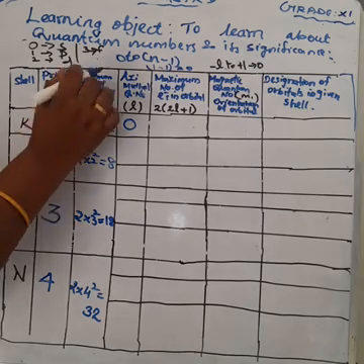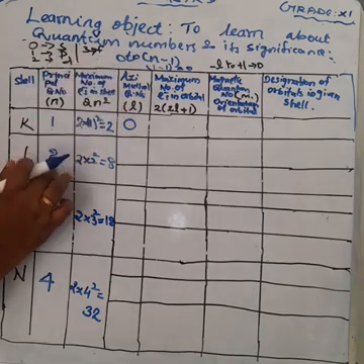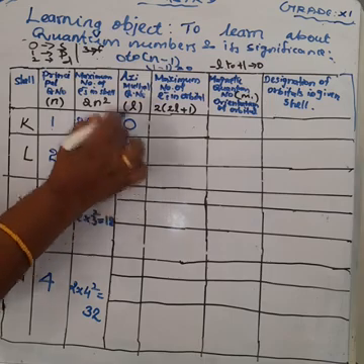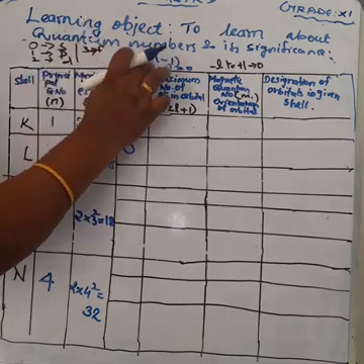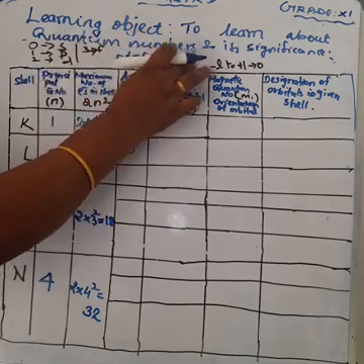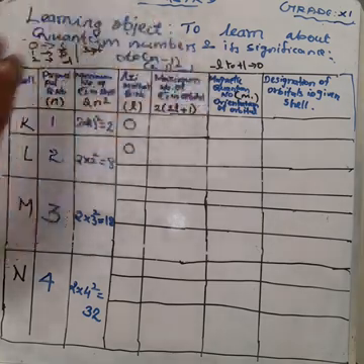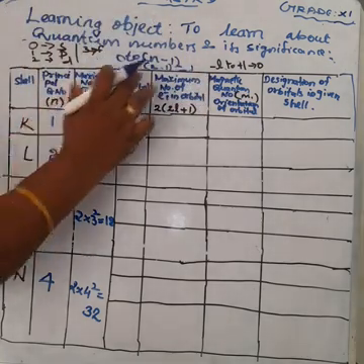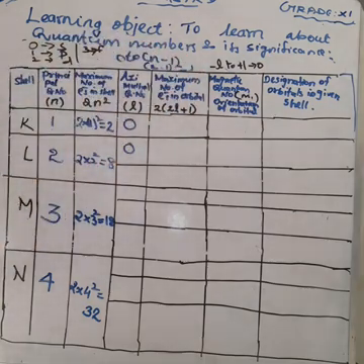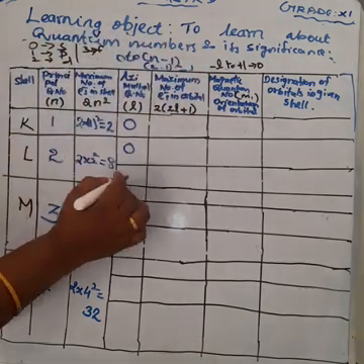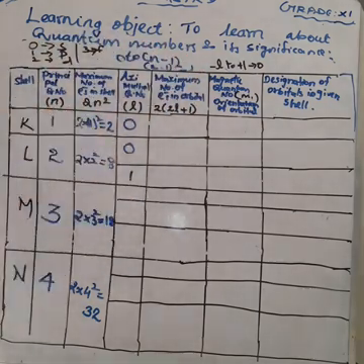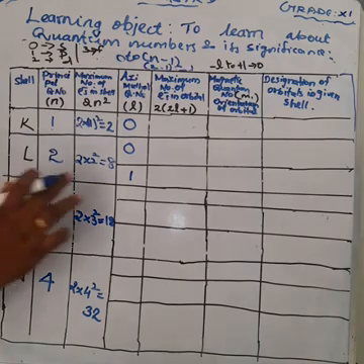N is equal to 2, so we write 0 to n minus 1. Here n is 2, so 2 minus 1 is equal to 1. So we start from 0 to 1: 0 and 1.